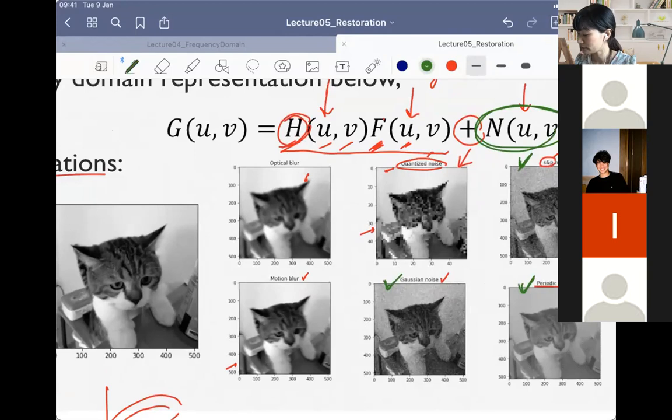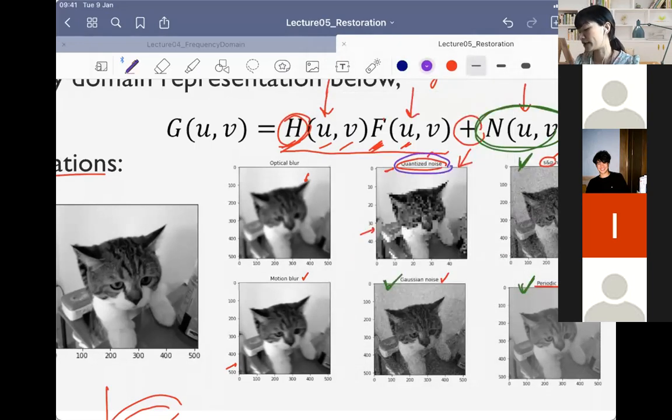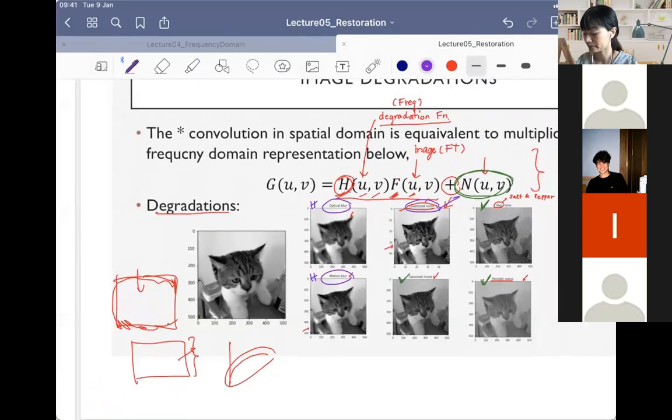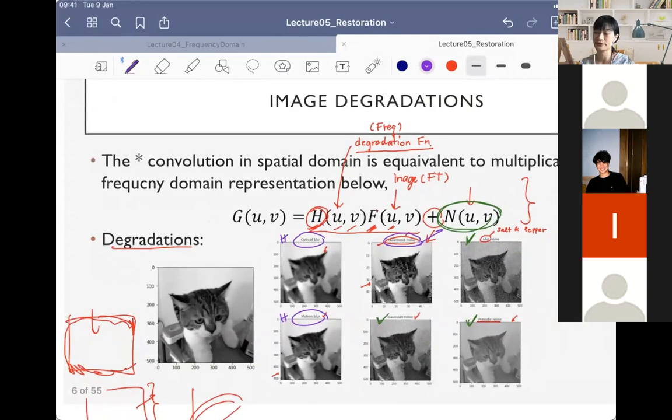But when we talk about the quantization noise, not sure it's actually the noise, but it could be the function of degradation. But optical blur and the motion blur, it's definitely degraded by a degradation function. So yeah, there are some types of degradation in an image.